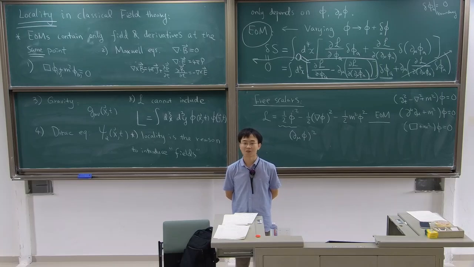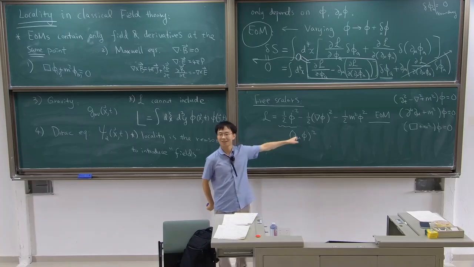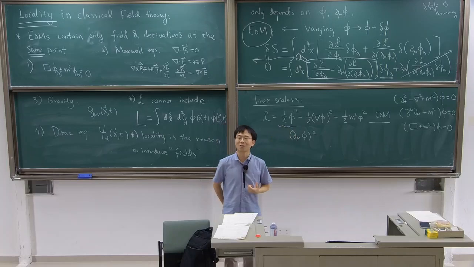Okay, we just mentioned a few important properties or requirements to give a reasonable definition for fields, for field theory. Now, the other one is the symmetry, right? We have already seen such a construction for free fields satisfying this Lorentz invariance, the Lorentz symmetry.